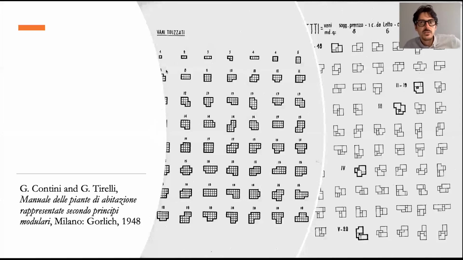In terms of architecture, this is the kind of outcome we arrive at by translating forms into norms. This is an arrangement we see in a handbook published in the 50s, where all the possible house arrangements are represented by means of grids and modules that are then gathered into logical arrangements.